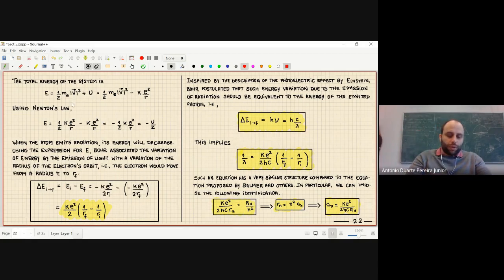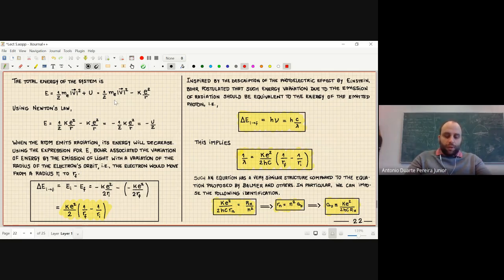So you have to consider the kinetic energy of the electron because it has a velocity. And you also have to consider the electric energy that is stored in the electric field produced by the charge in the nucleus and the electron.